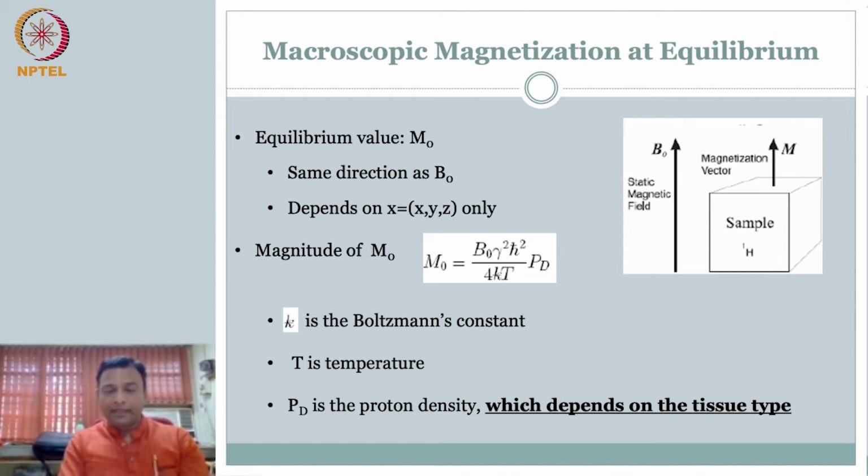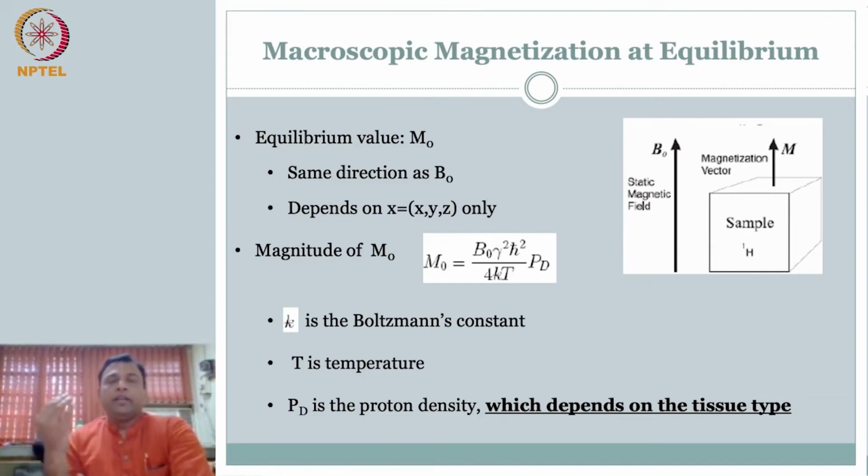You have the magnetization vector M0, at equilibrium, which is dependent on B0, the field strength of the static magnetic field, and proportional to the square of the gyromagnetic ratio. What is that gyromagnetic ratio? It is a material property. If I choose my material, if I say I am interested in hydrogen, then the gamma is the same.